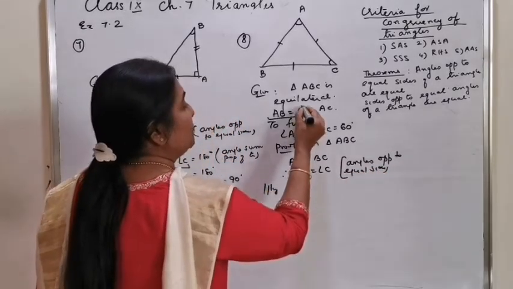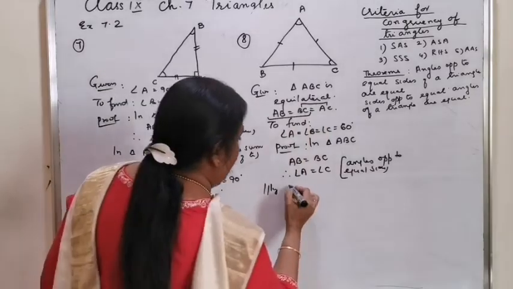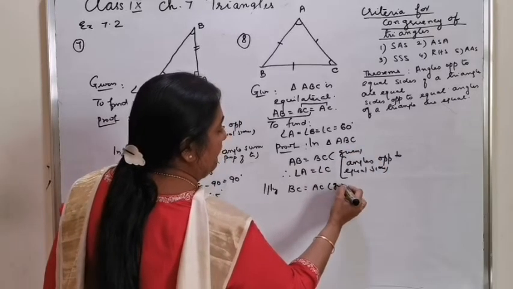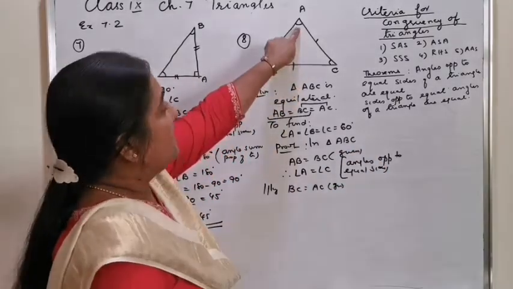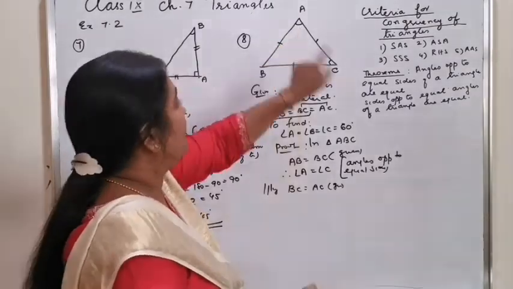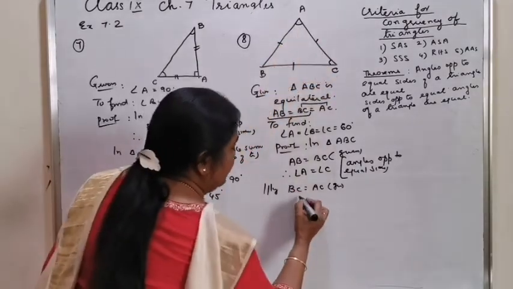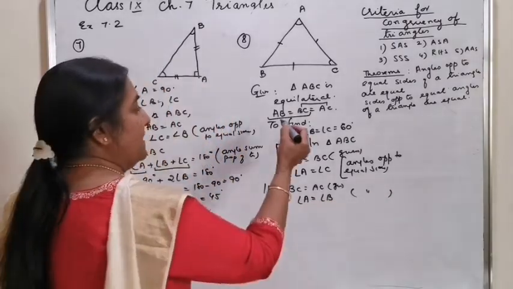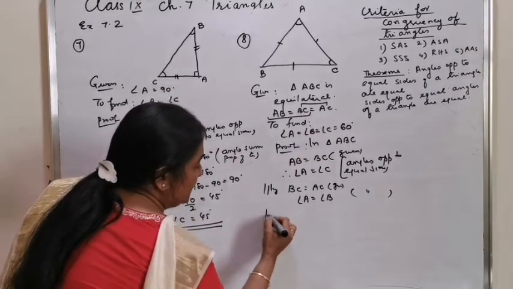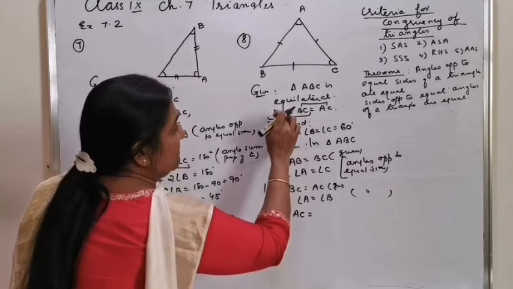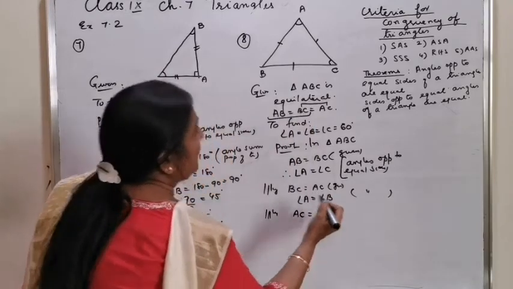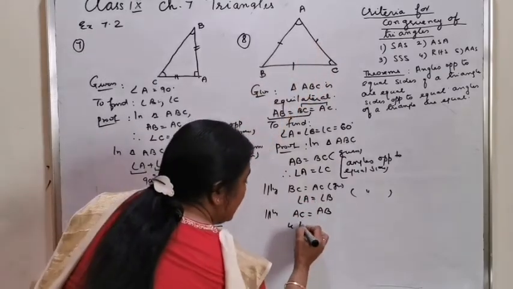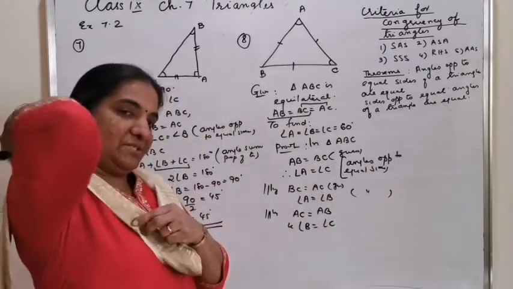Similarly, take the next two sides, BC and AC. BC is equal to AC, given. Angles opposite to BC, angle A, and opposite to AC is angle B. Angle A is equal to angle B, the reason as above. Again, take the next two sides also. Similarly, AC is equal to AB. Opposite to AC is angle B and opposite to AB is angle C. That is, angle B is equal to angle C.